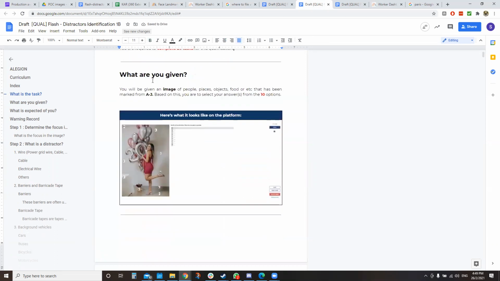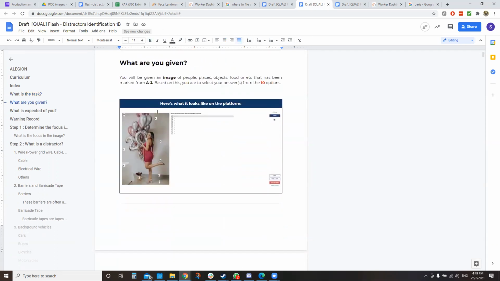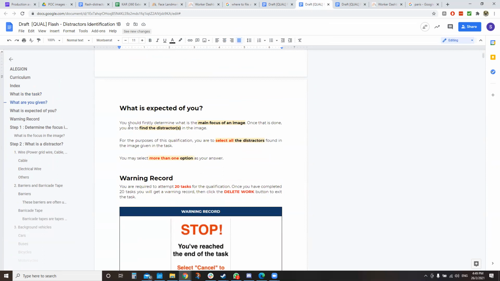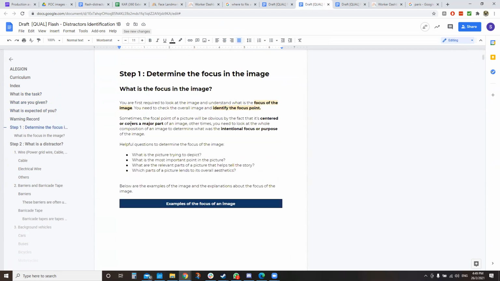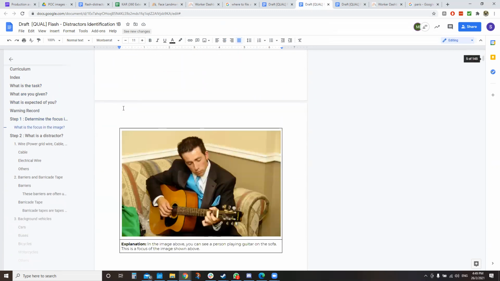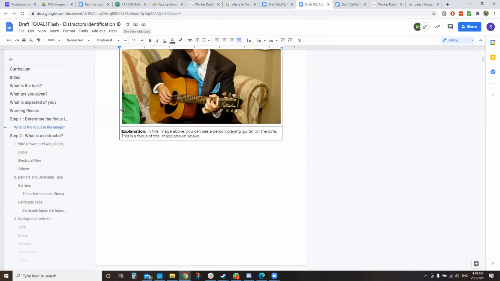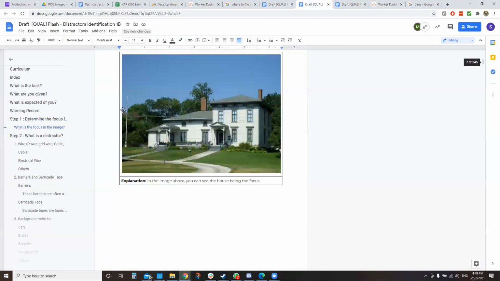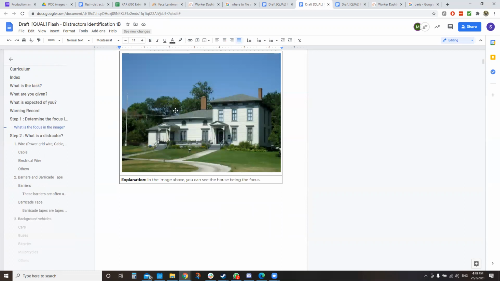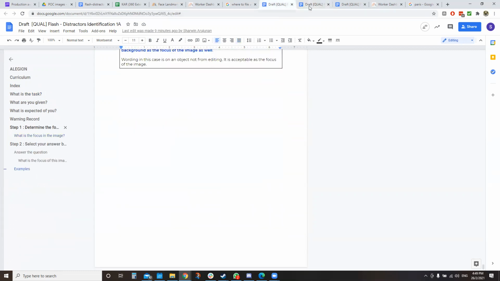So you will have A to J, and based on whatever A to J is, you will decide if whatever is highlighted is actually a distractor or not. Again, it's very important for you to know the focus of the picture, which I will not go through here because we've already gone through this in the earlier parts of qual 1A.